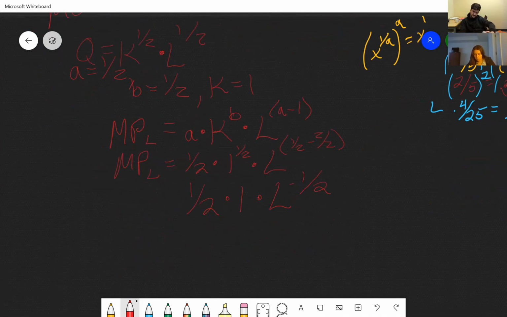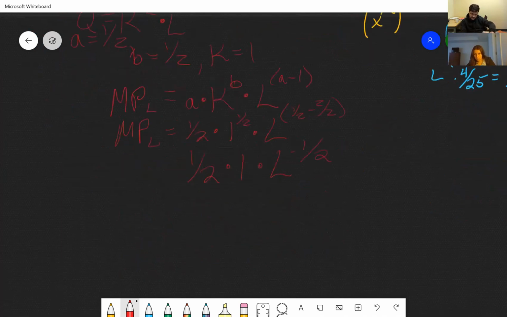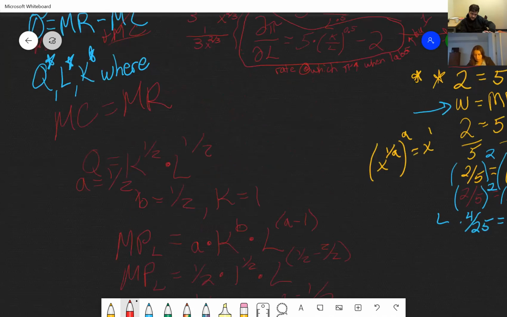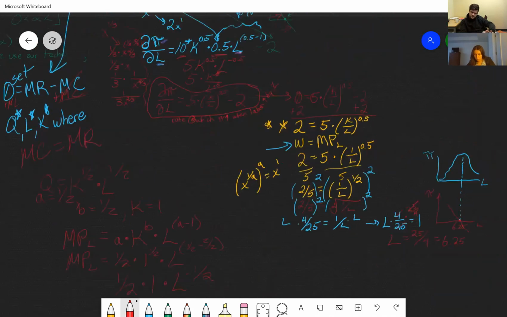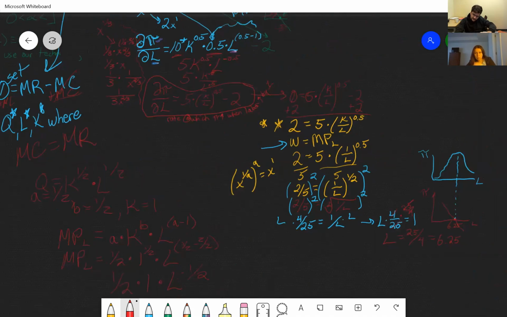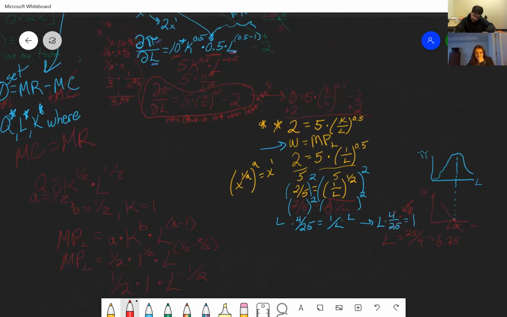And so I actually made a mistake here earlier, apologize. It's not that the wage is equal to the marginal product of labor, it's that the wage is equal to the value, V for Vendetta style there, right? The value of the marginal product of labor.